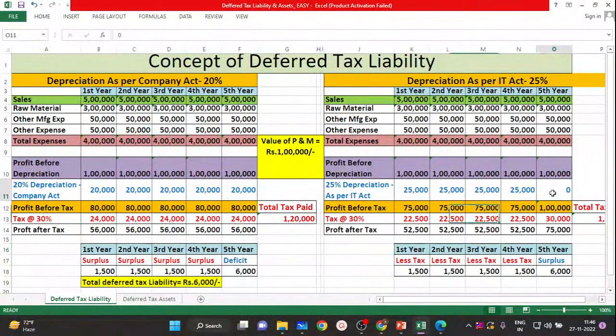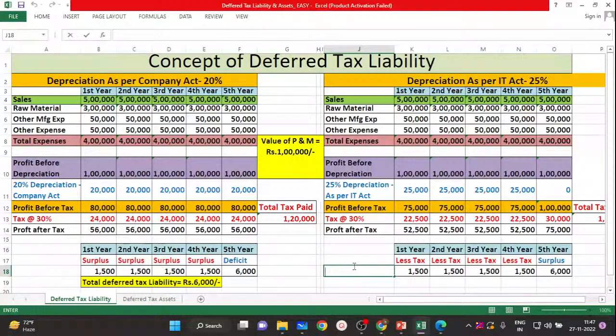But as per IT Act, the company needs to pay 30,000 rupees tax. Every year the company was paying 22,500 rupees tax, but in the last year the company needs to pay 30,000 tax. Why? Because in the last year the depreciation has become zero for the company as per IT Act. So the company has debited only 24,000 in the fifth year, whereas as per IT Act, the company needs to pay 30,000 rupees.